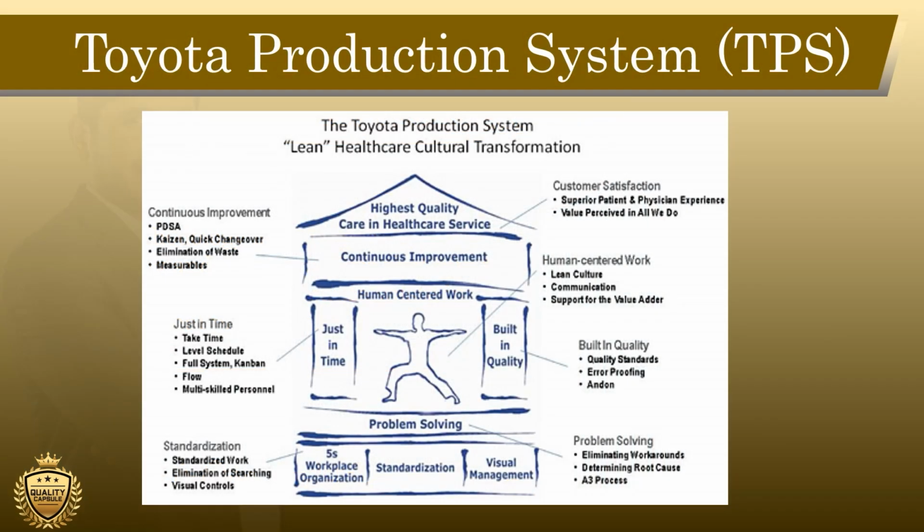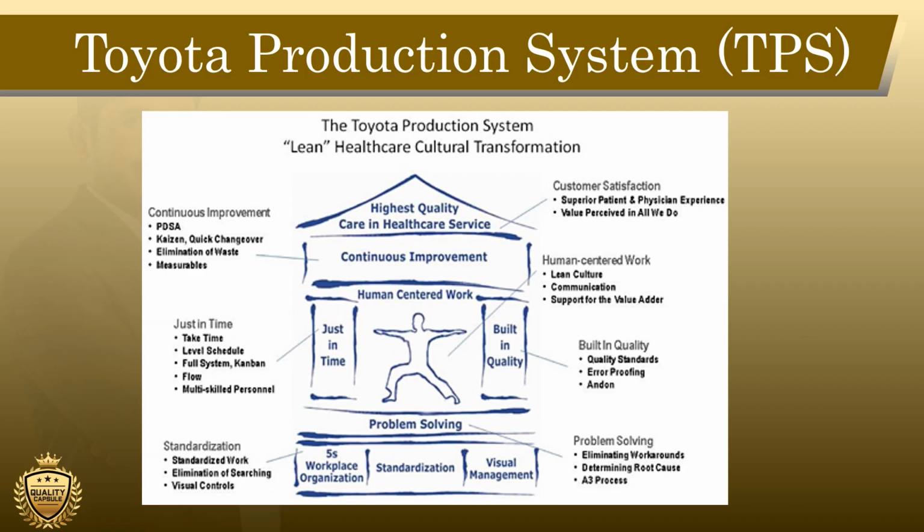If we go back to where this lean methodology originated, it comes from the Toyota Production System, TPS, which was aiming to create a culture of continuous improvement in organizations. Since then, it has been adopted by various industries, including manufacturing, healthcare, software development, and government.